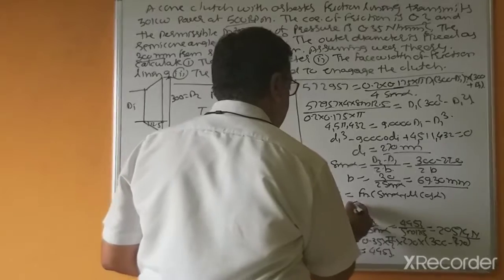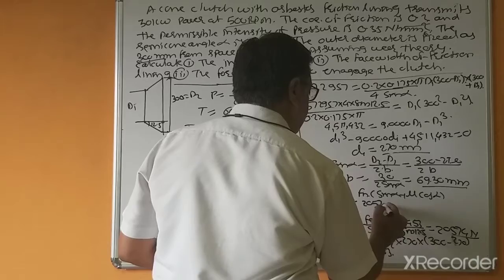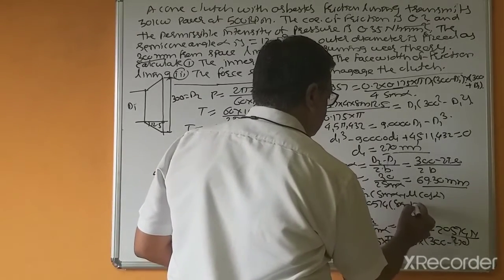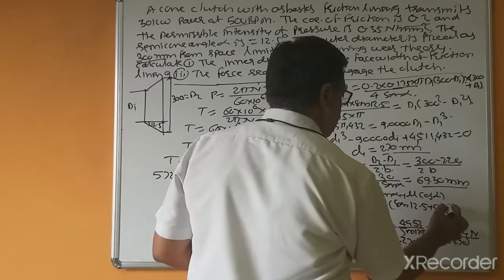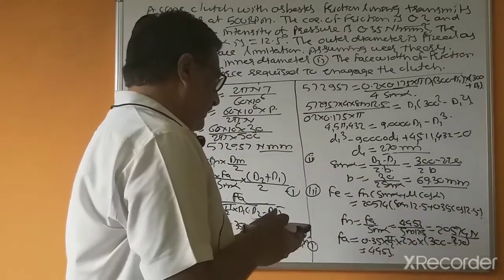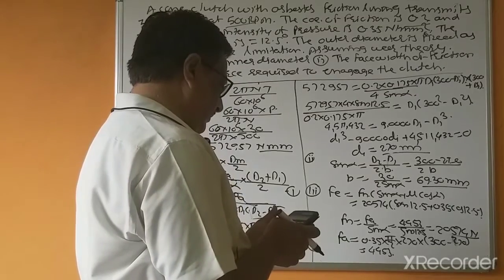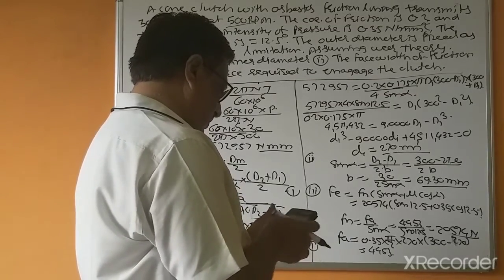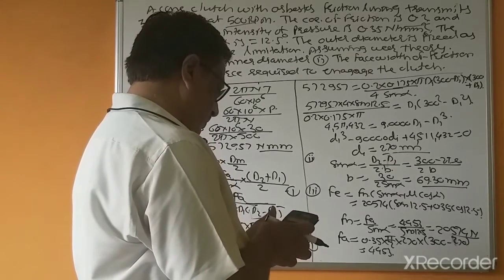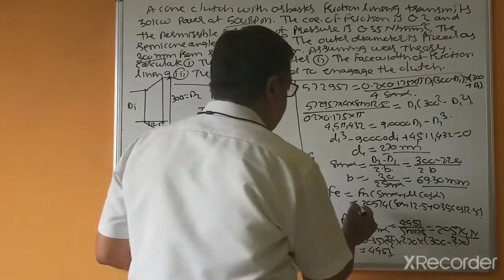So that's why 20,574 multiplied by sin 12.5 plus cos 12.5 multiplied by 0.35 gives 11,483.